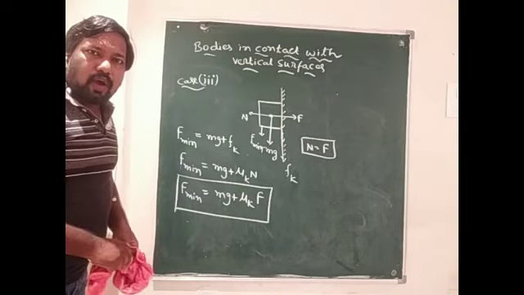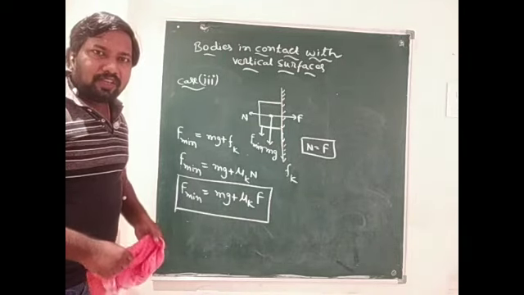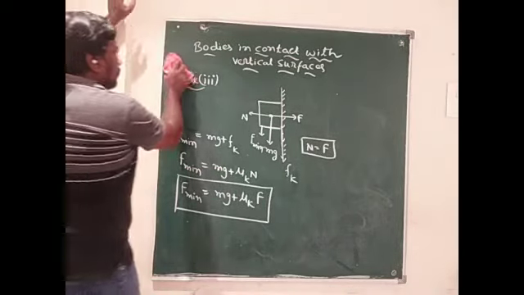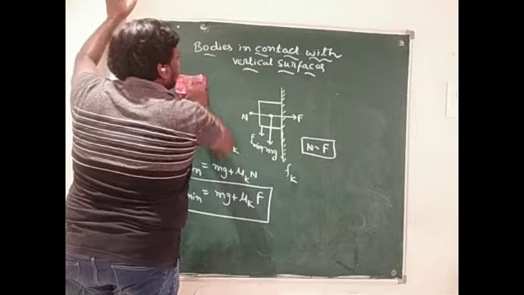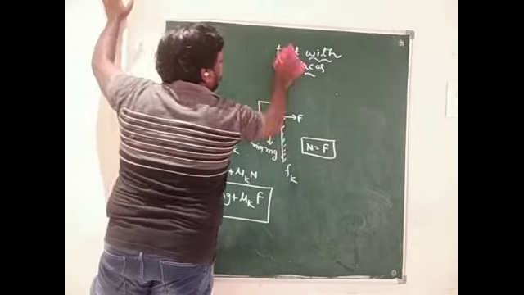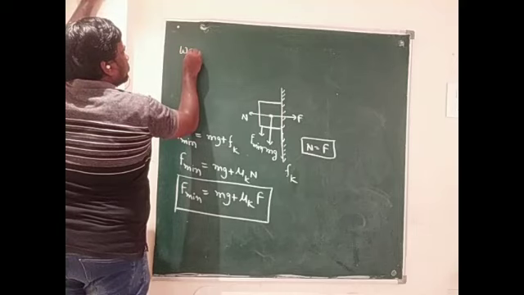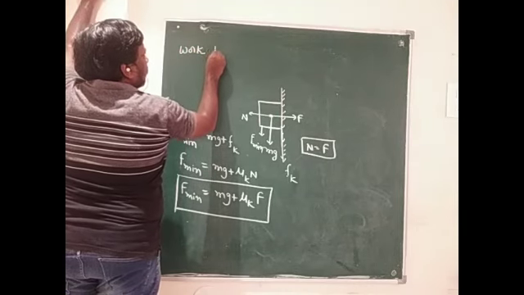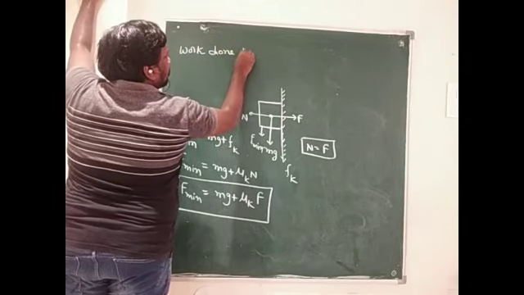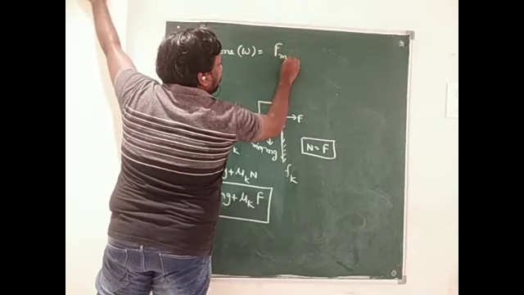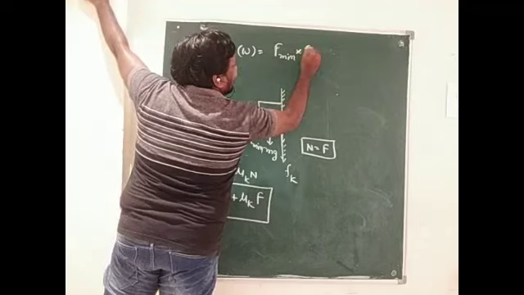Now we can find out the work done by the pushing force. So here work done W equal to F minimum into displacement.